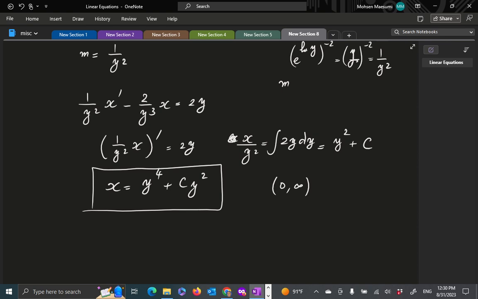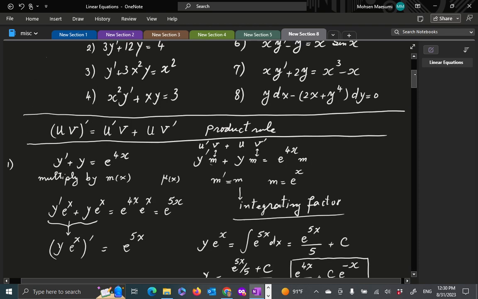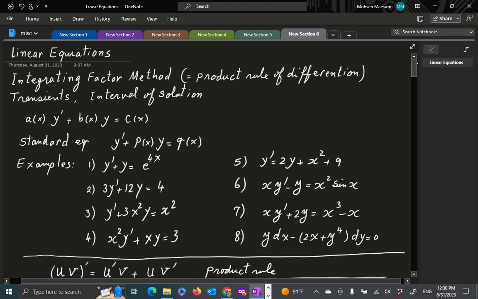Okay, so we looked at quite a few problems. We had 8 problems. Somehow we actually managed to do 8 problems. So the integrating factor method is important. Now, why do we learn all this algebra here?